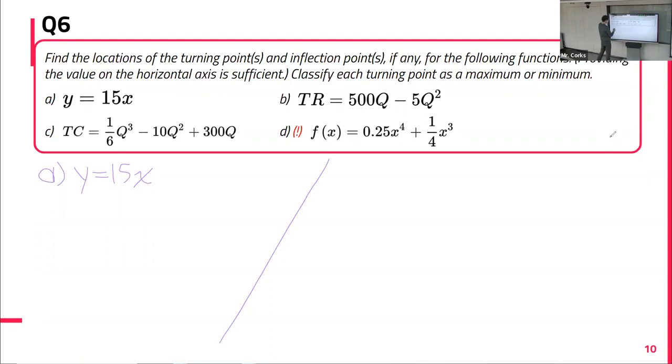If we did want to show this with derivatives, the first derivative is equal to 15, and then we set this equal to 0 and try to find where 0 is equal to 15, but that can never happen. This is our math way of showing that there are no turning points at all.